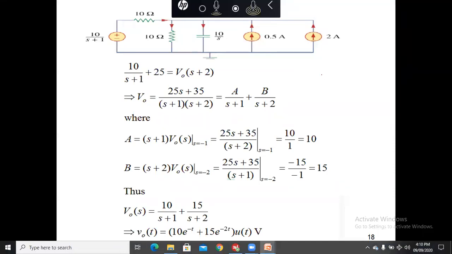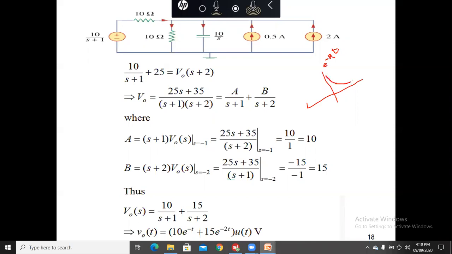Sir, u of t will show the step response, meaning from 0 onward. So it is e to the minus at, as you have seen in the last lecture.